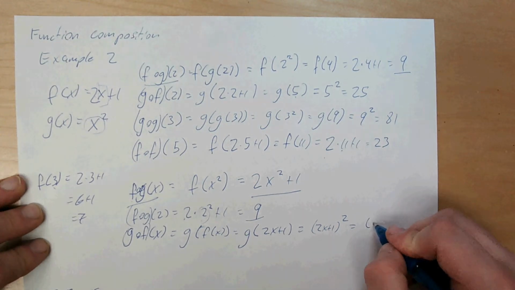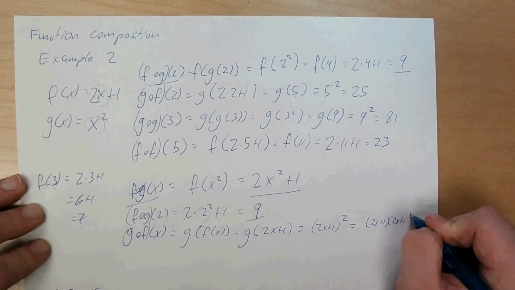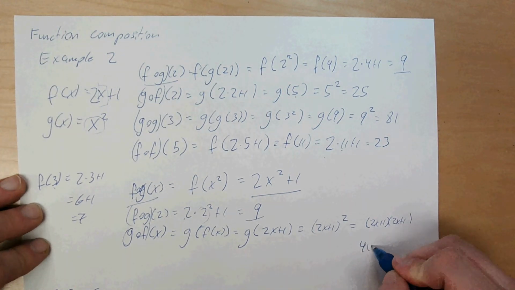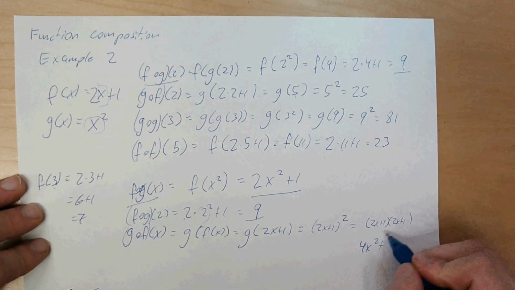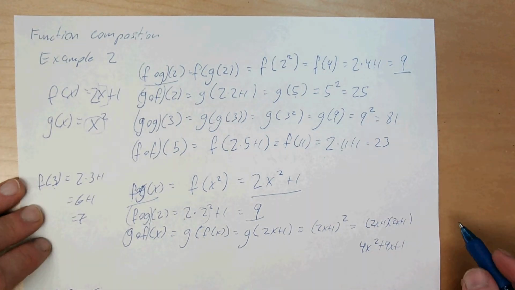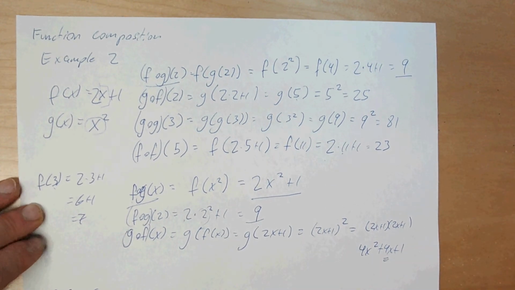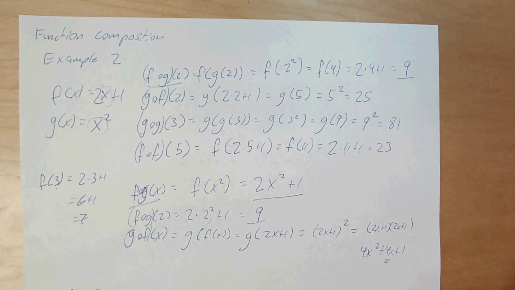Remember that this is 2x plus 1 times 2x plus 1, and so when you expand it out, you're going to get 4x squared plus 4x plus 1. And remember that middle term shows up. It's really important that we're not forgetting that. And that's how function composition works when you have a set of rules for functions instead of just a set of tables for functions.